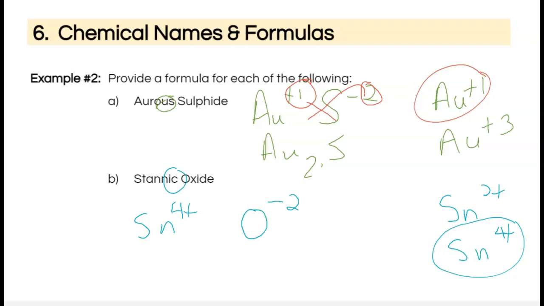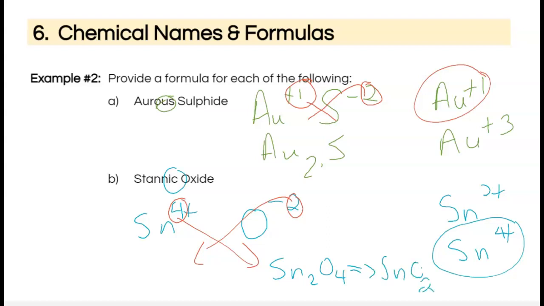And I go ahead and I cross those down, 4 and 2. And that's going to give me Sn2O4, which of course I want to reduce to lowest terms, or SnO2. And I'm done. So that's the end of our video on multivalent metals and the 2 naming systems.